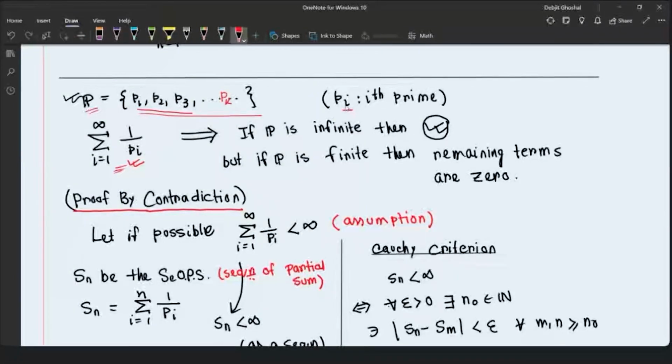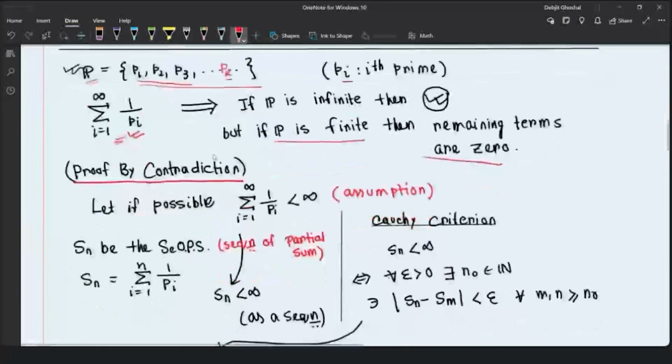Then the index runs up to k, but what after that? I mean, for i equals k plus 1, we don't have a (k+1)th prime. So in this case, if p is finite, then the remaining terms are 0. It means it exhausts all the primes and after that, all the terms of the series become 0. So it is still an infinite series. We can consider it as an infinite series.